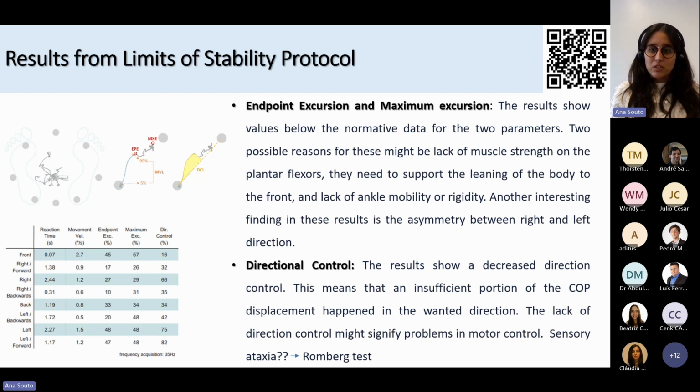So based on the results, the healthcare providers can design specific programs to expand and train these limits, because, as I said, it is very important.